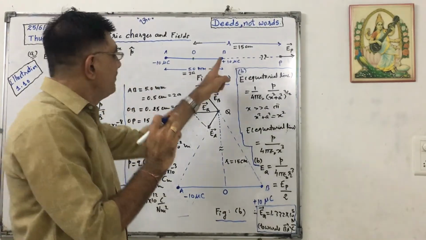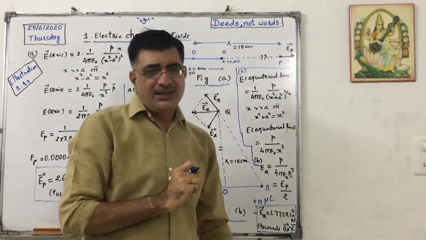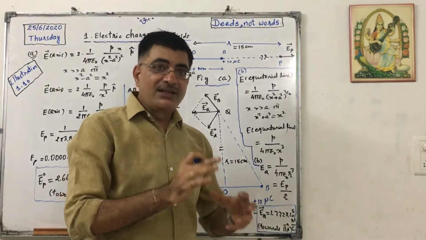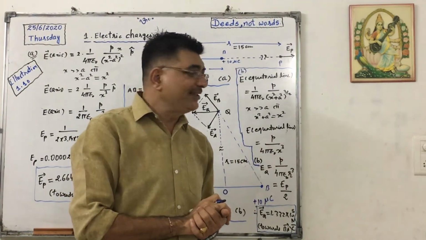So finally, the effect of plus 10 microcoulomb will be more effective.